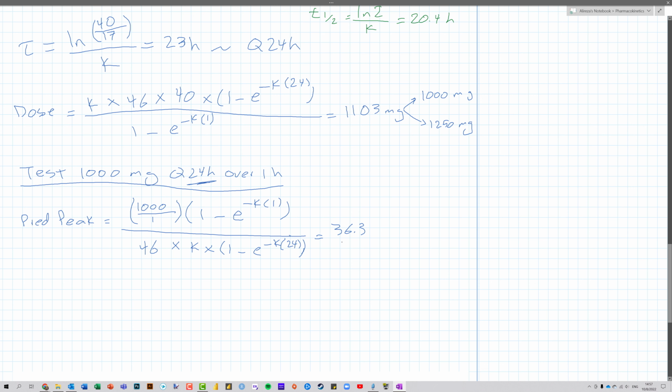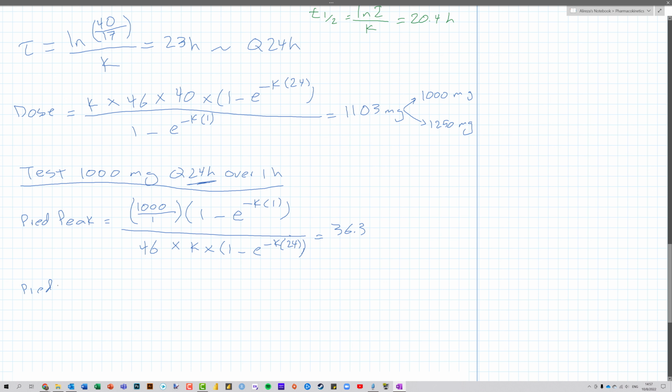36.3. Now we don't have a target peak, because for efficacy and safety, we are really targeting the trough for vancomycin. So it doesn't really matter if we got 40 or 50 or 30 for the peak. We just want to make sure that we get the right trough.